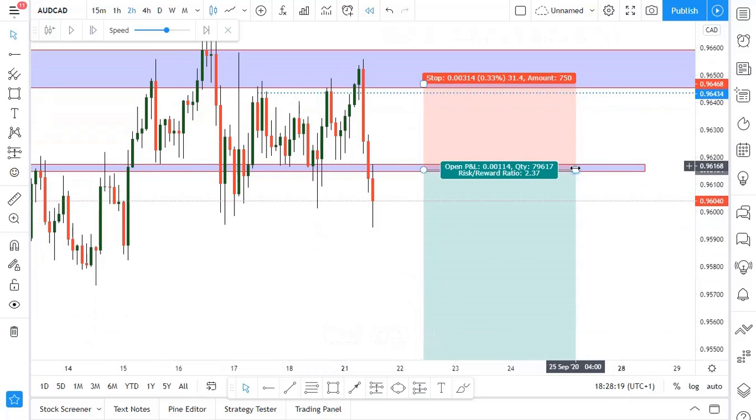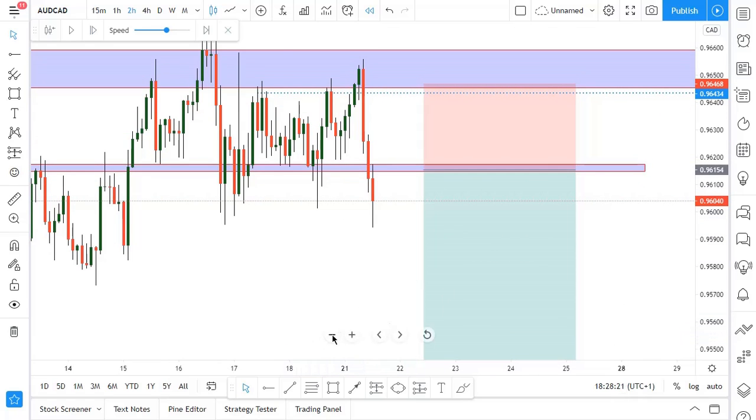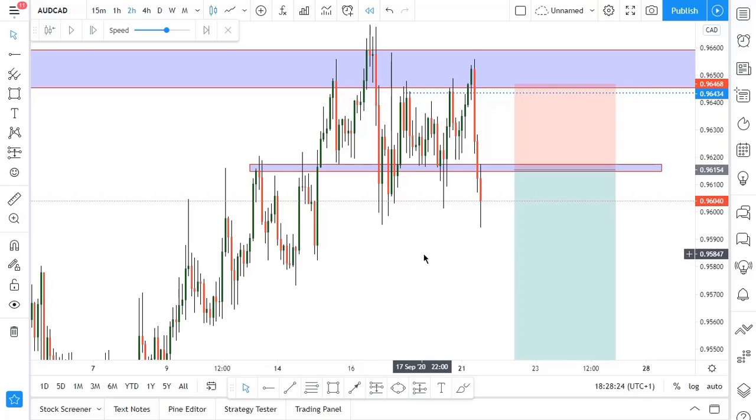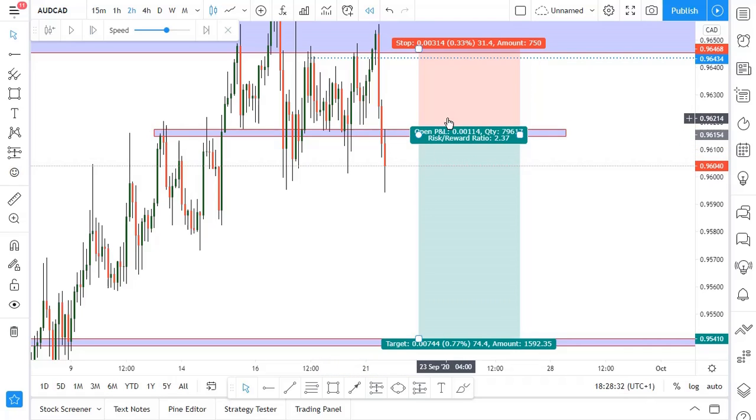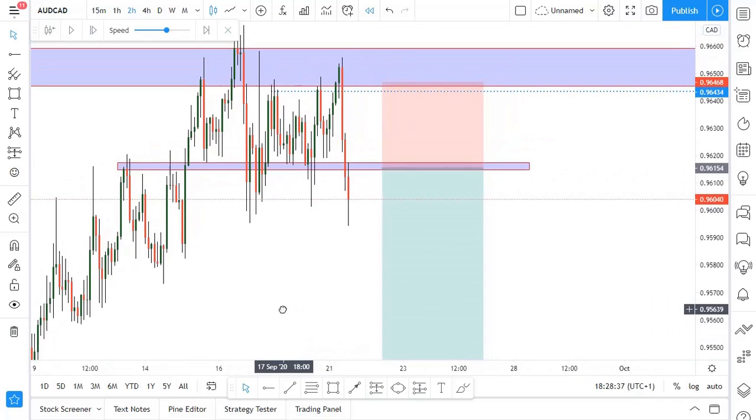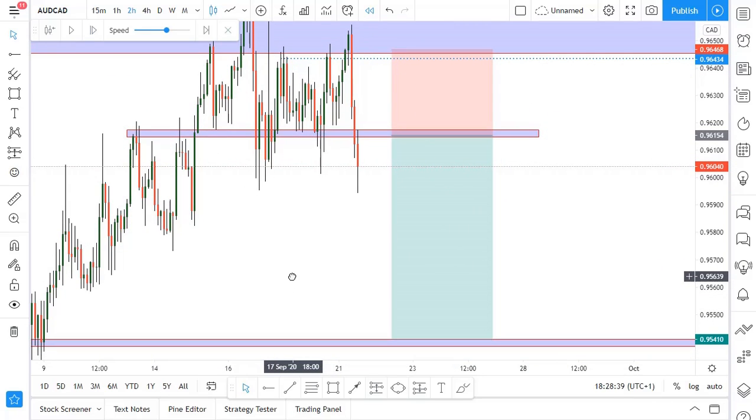Now, the reason why we entered our trade from this point, I can't really share because it is part of the mentorship program, but I can tell you a simple thing: support becoming resistance, with a continuation to the downside. Now, let's see what the market did.